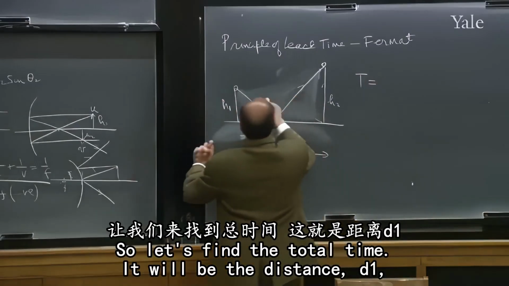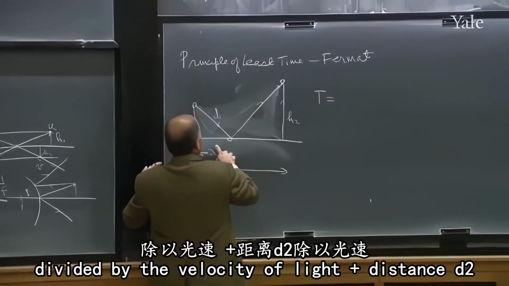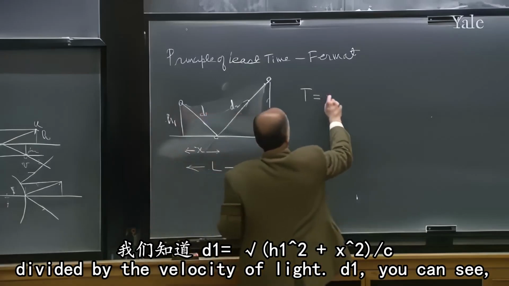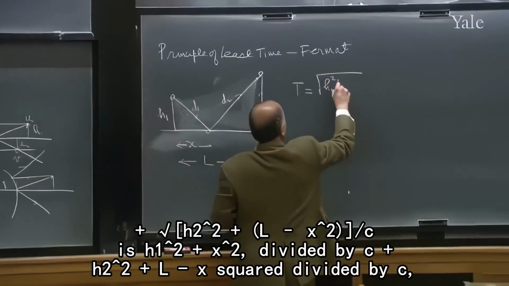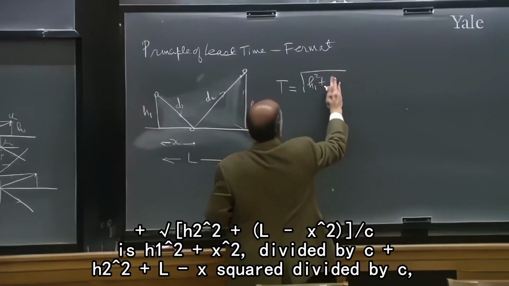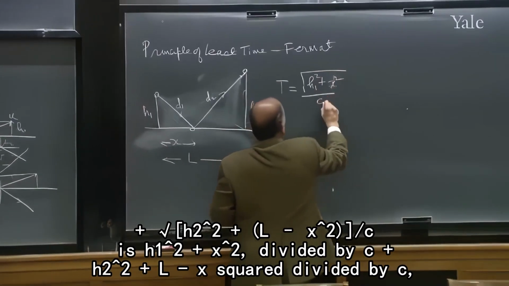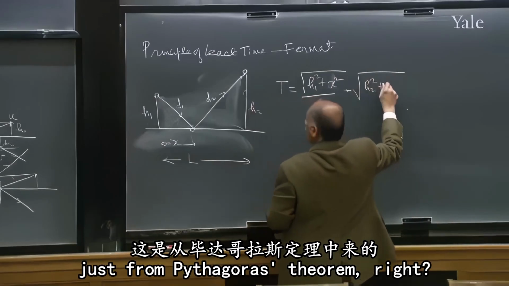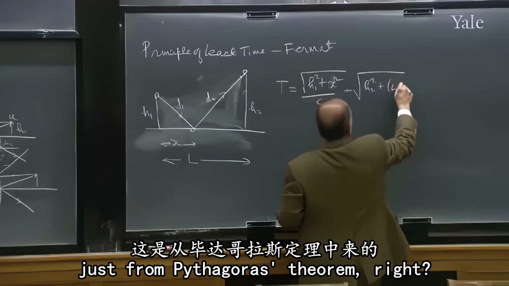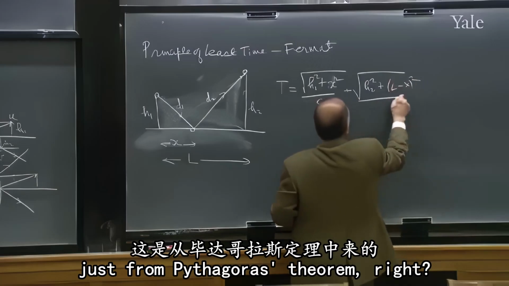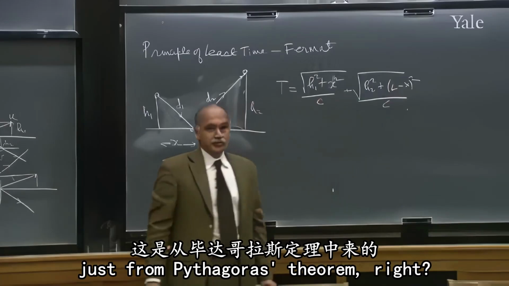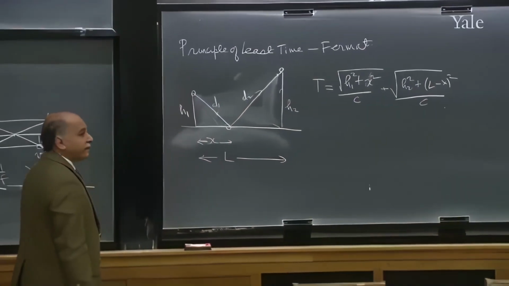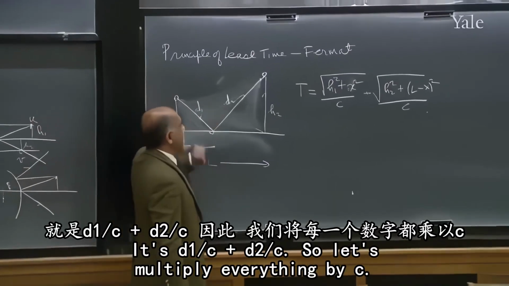It will be the distance d1 divided by the velocity of light plus distance d2 divided by the velocity of light. d1, you can see, is square root of h1 square plus x square divided by c, plus square root of h2 square plus L minus x square divided by c, just from Pythagoras' theorem, right? It's d1 over c plus d2 over c.